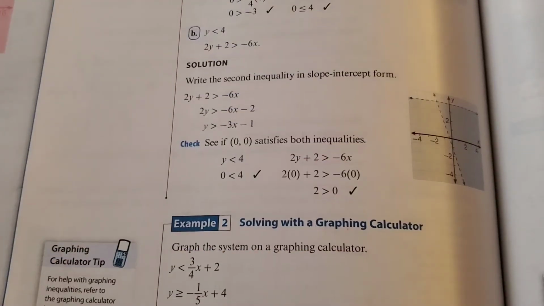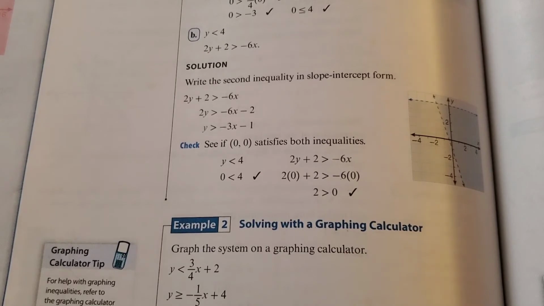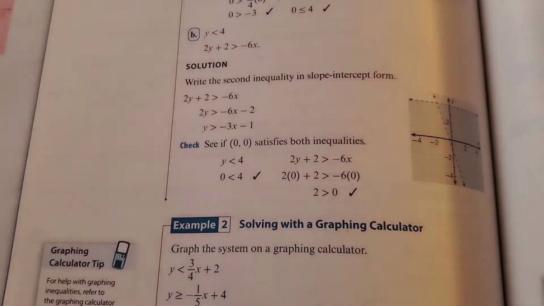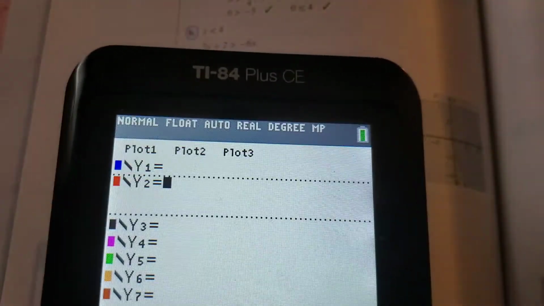Okay, so still in example 1, but I'm going to do the second part in the calculator. So I have my calculator right here. Sorry, my basement is super dry. And then I have to graph it in the y equals, right? But it's not y equals.